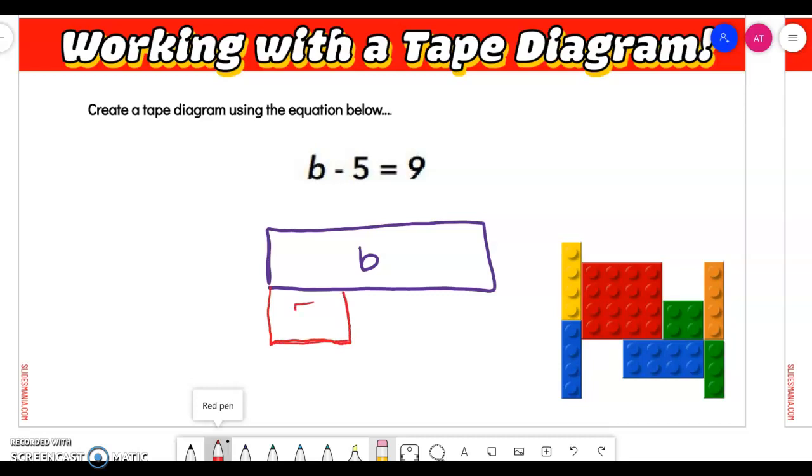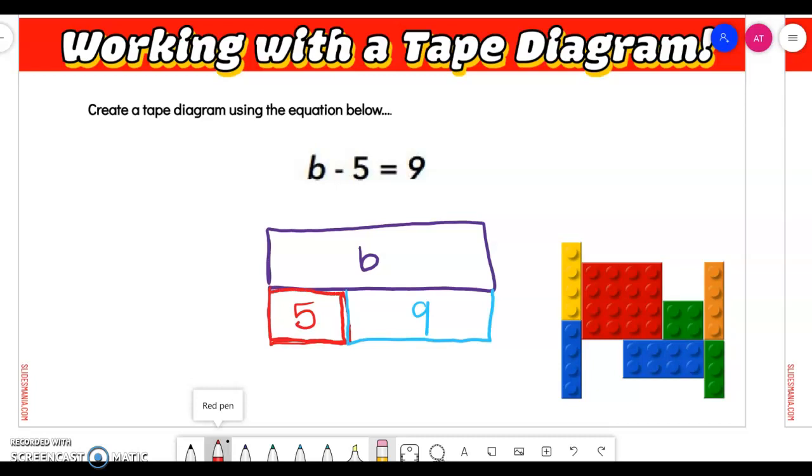And I'm going to label this one 5. Now, the rest of it is going to be my 9. Look at that. We created a tape diagram. So if you wanted to figure out what B actually is, you could, based on the model above, the equation above, and the model below.